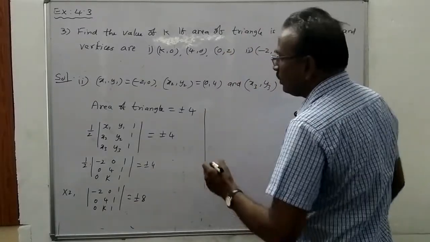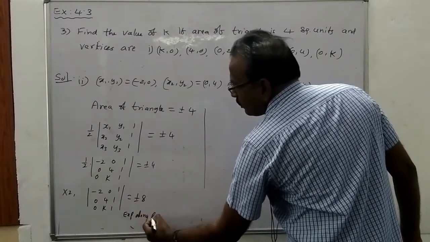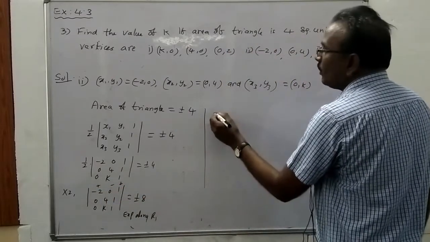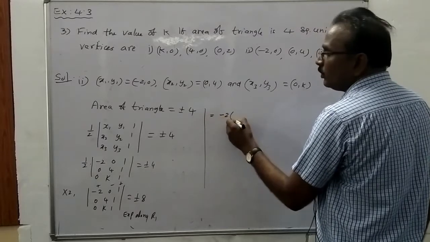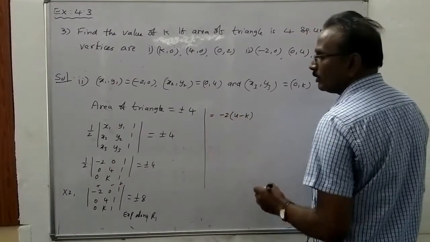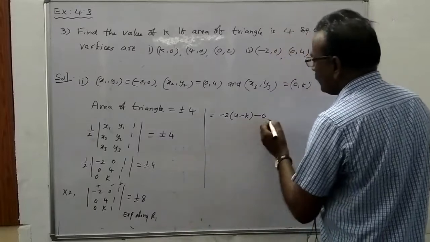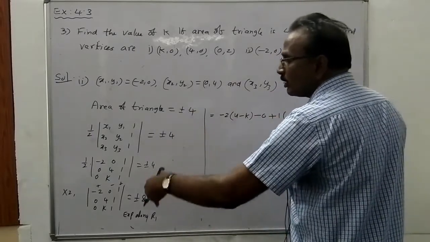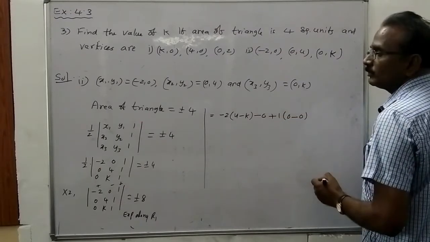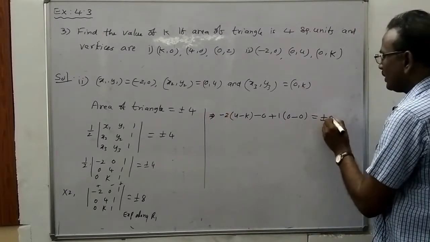Here expand along R1. The signs are plus, minus, plus. That is minus 2 into, delete first row and first column, 4 into 1 minus k, minus 0 into any second order determinant is 0, plus 1 into, delete first row and third column, 0 minus 4 into 0 is 0, is equal to plus or minus 8.